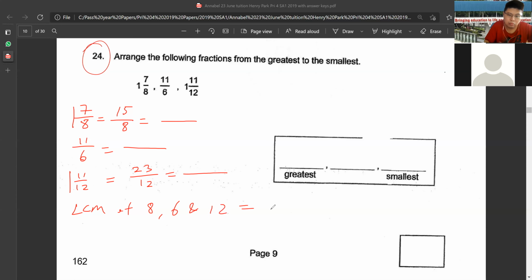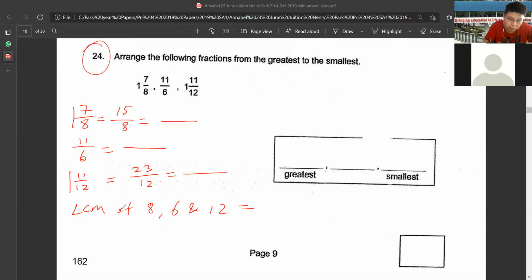The lowest common multiple. Do you know what is multiple? Multiple, not factor. But the 8 doesn't have 12 or 6. So you must be what? Not 12.